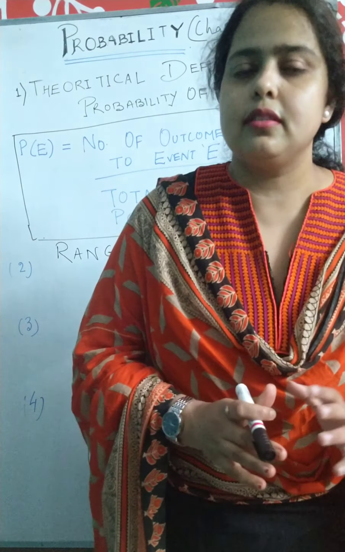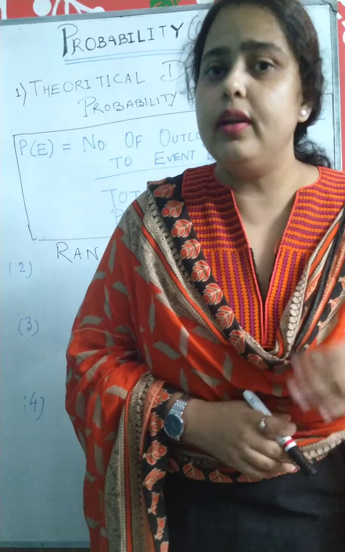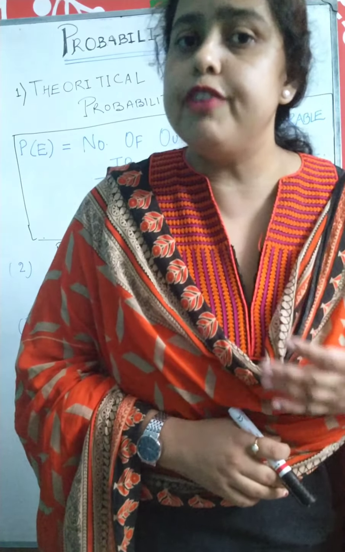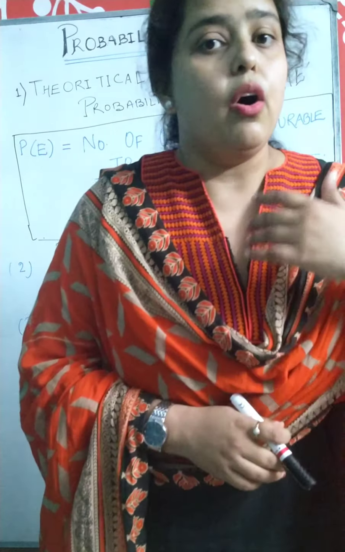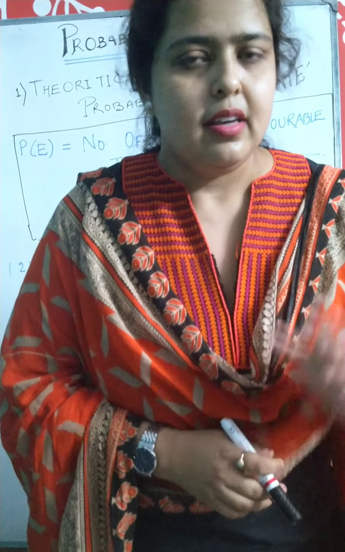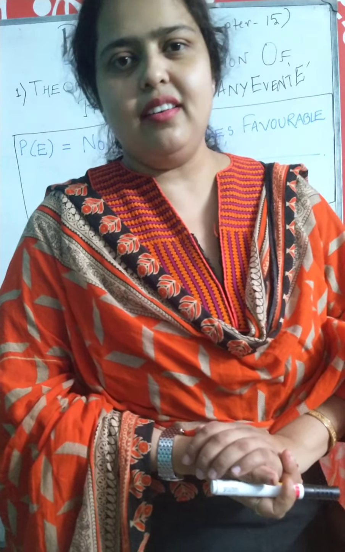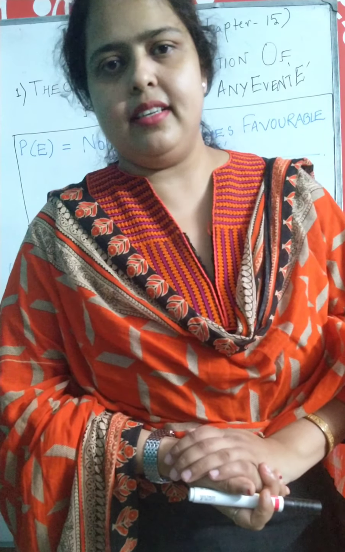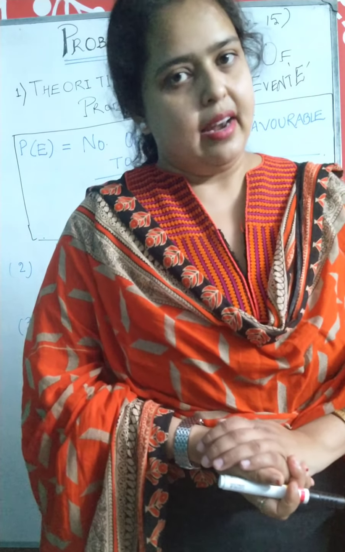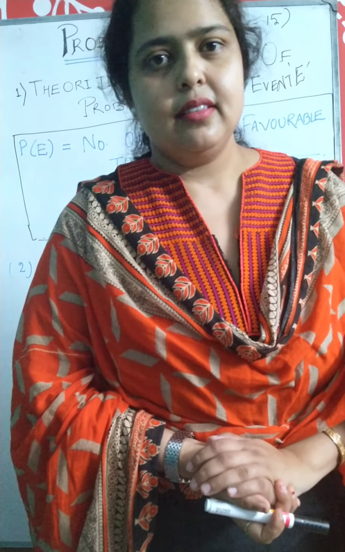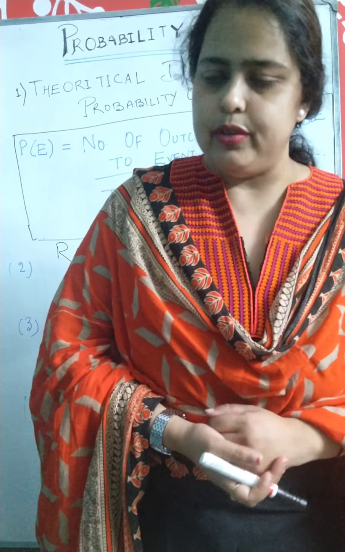Fine. So this urge of calculating the occurrence of any event arose in the 16th century, and we are so much facilitated with that particular calculation method, and some of it we are going to start today.